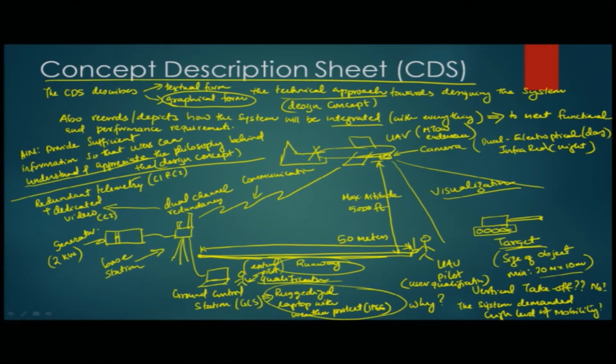Okay. Then the second question that somebody can obviously say is that, why did you use two channels for communication? So we can say it's a dual channel. Why did you use dual channel for communication? Well, the question here is dual channel, why?